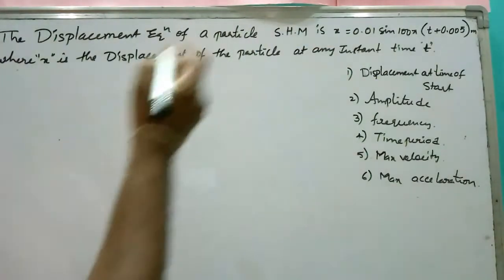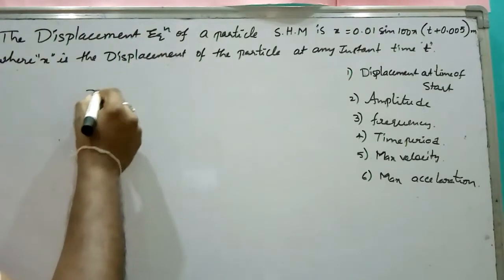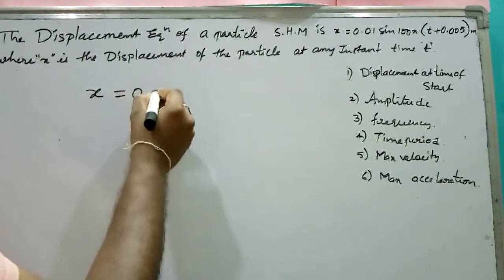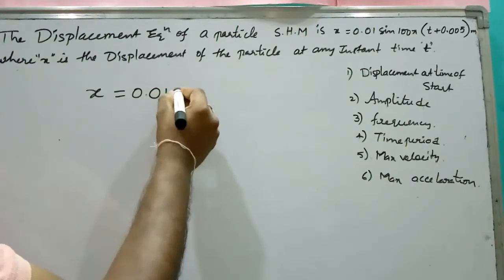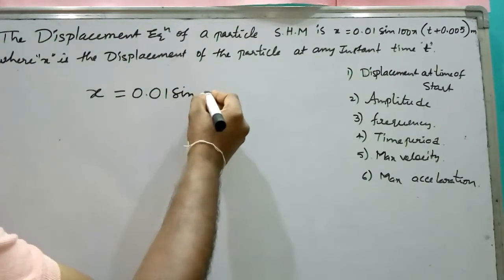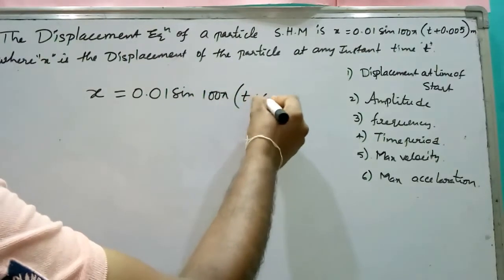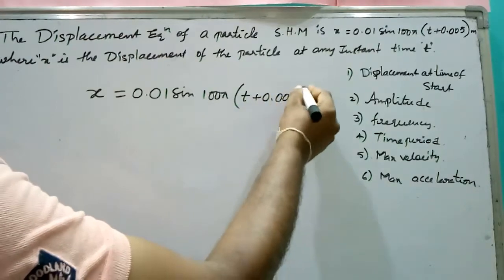What is the displacement of the simple harmonic equation here? Given that x equal to 0.01 sine of 100 pi of t plus 0.005 meters.